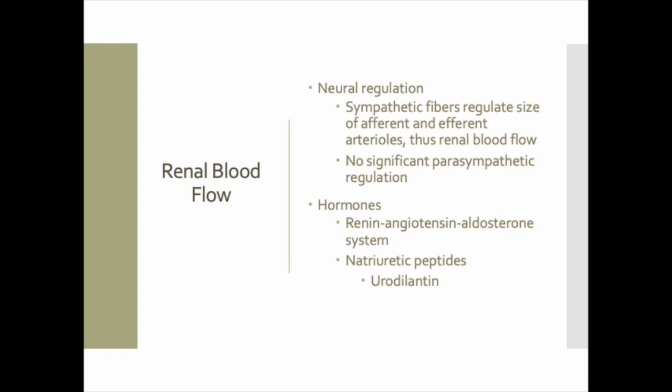And this major hormonal regulator of renal blood flow has to do with the RAS, or the renin, angiotensin, aldosterone system. And there'll be a separate short video talking about the RAS in more detail. But anyways, with this hormonal regulation from RAS, it's increasing, for instance, the systemic arterial pressure, and it changes the renal blood flow.